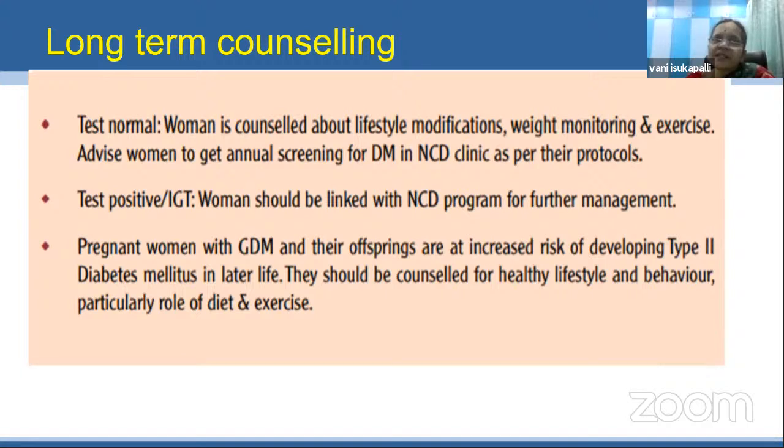If she tests positive for diabetes, attach her to the non-communicable disease clinics as per the protocol. Pregnant women with diabetes and their offspring are both at an increased risk of developing diabetes mellitus later. So this counseling has to be given to all antenatal women regarding their lifestyle, their diet, and their regular physical exercise.